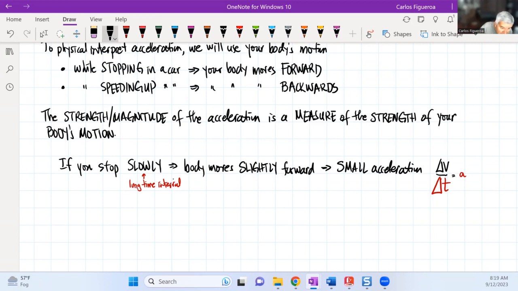Now, on the other hand, if you stop quickly now, what do I mean by quickly? That means that you have a short time interval.